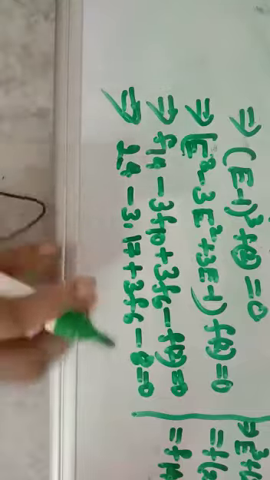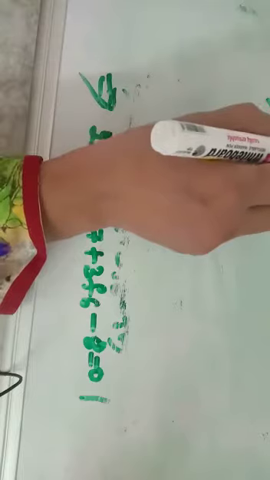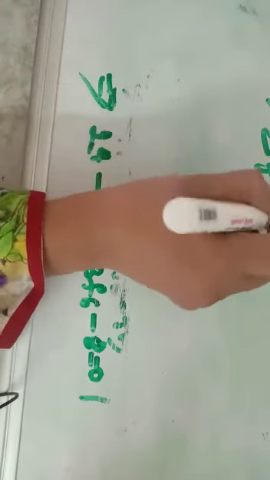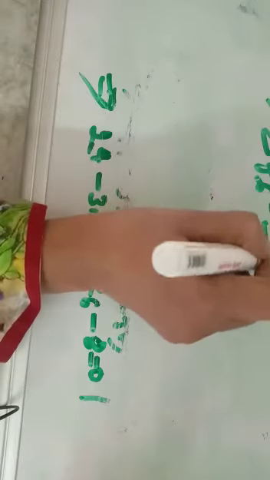Then after calculation we get 3 f(6) is equal to 35.